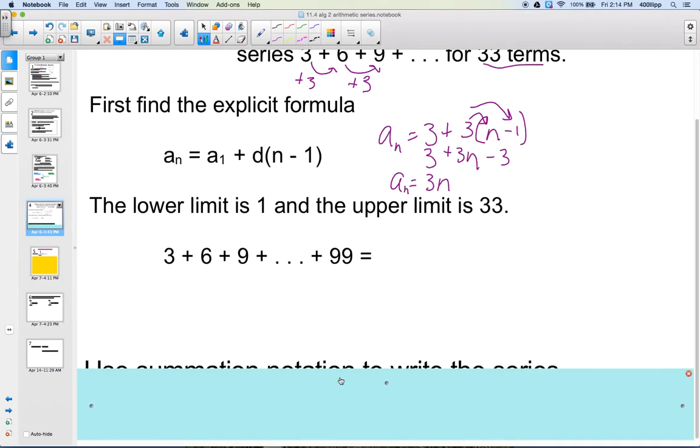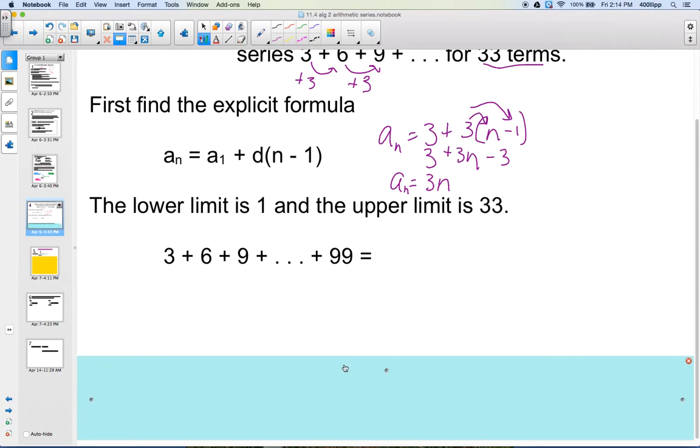To write this out, in summation notation, we have the Greek letter sigma going from n equals 1 to 33, and our explicit formula, which we just found, is 3n. And this is summation notation. It doesn't actually ask us to find the series, which is the sum, but if it did, we would be able to evaluate that with our previous formula that we learned.